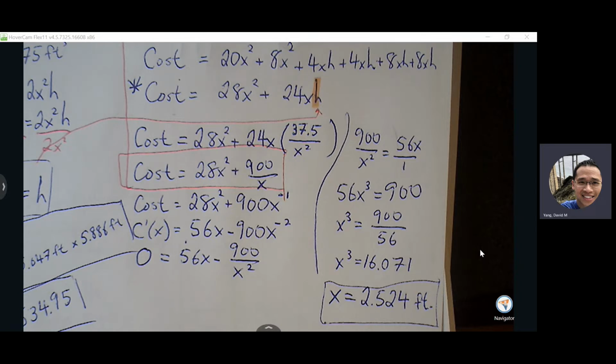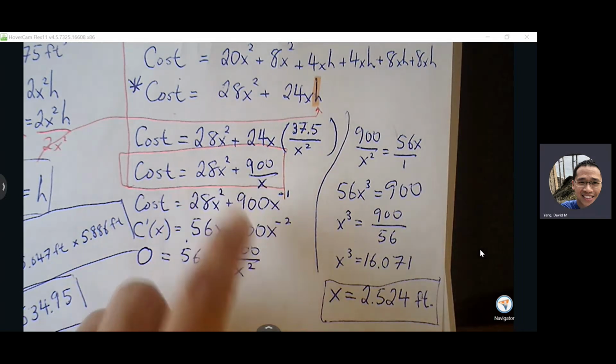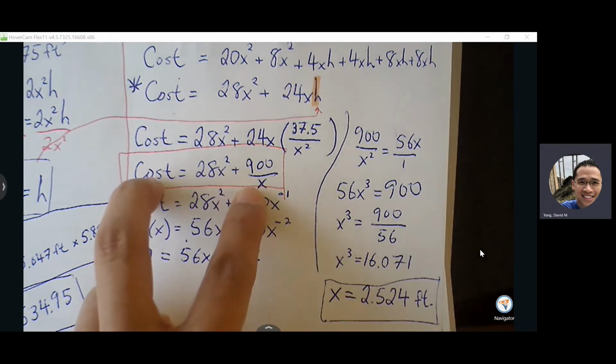So my dimensions are x and 2x and h. So I can double that x to find the length. And then I can also plug that x into my h equation to find my height. And then it's also asking for my minimum cost. I'll take my x value and insert it into my cost.